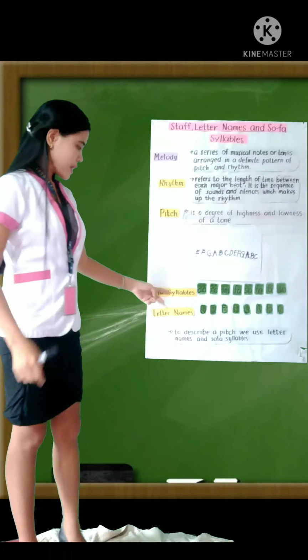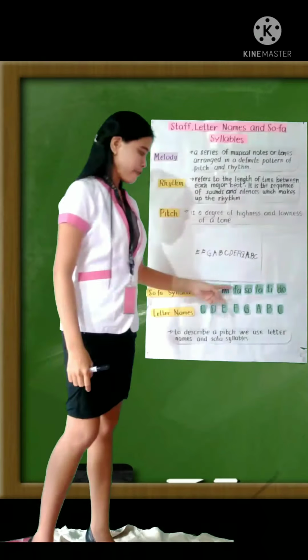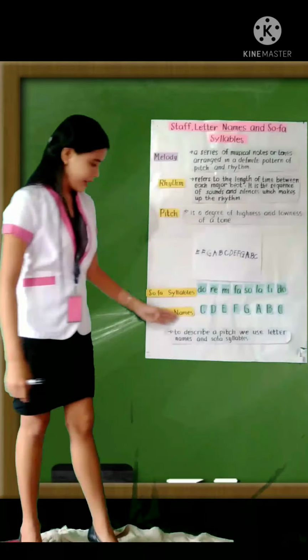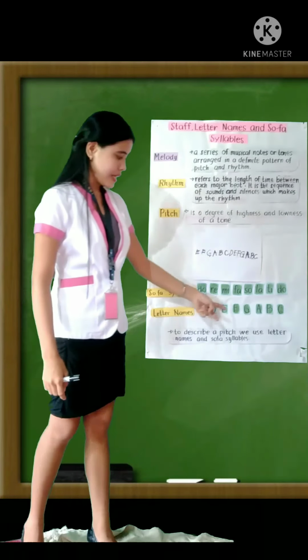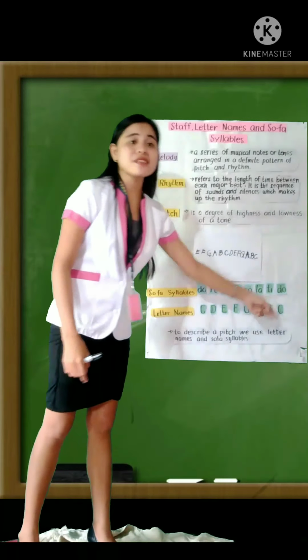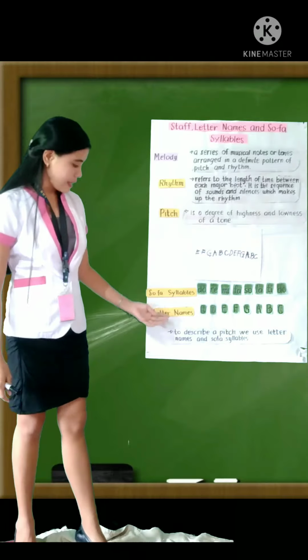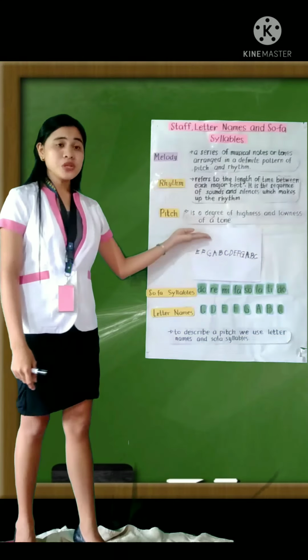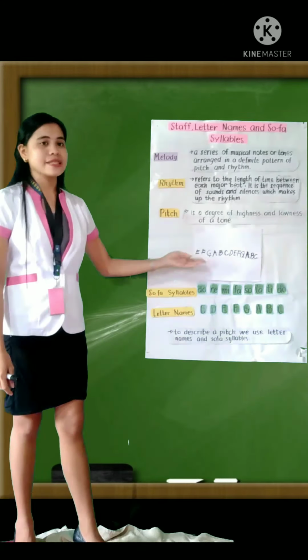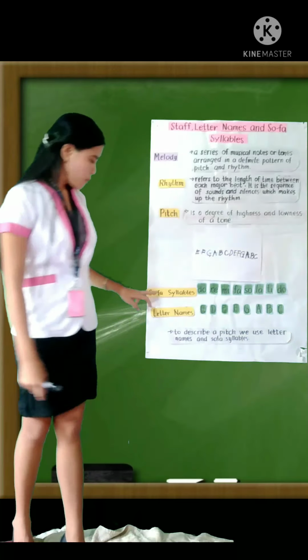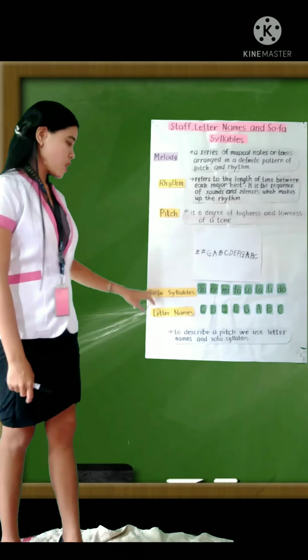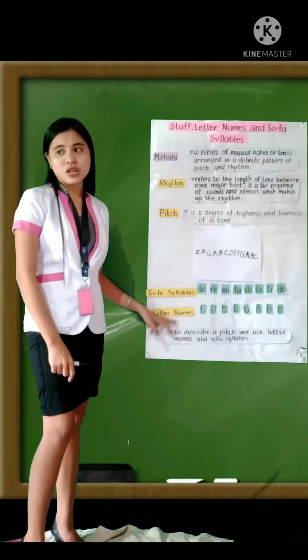So solfa syllables are do, re, mi, fa, sol, la, ti, do, and letter names is the C, D, E, F, G, A, B, and C. So as you notice, the letter names and musical alphabet are just the same. So solfa syllables and letter names are equivalent to each other.